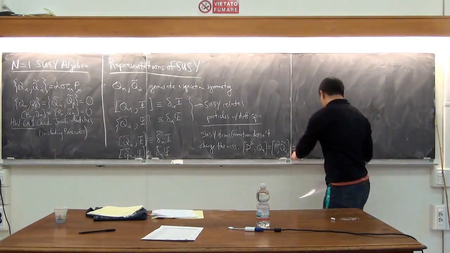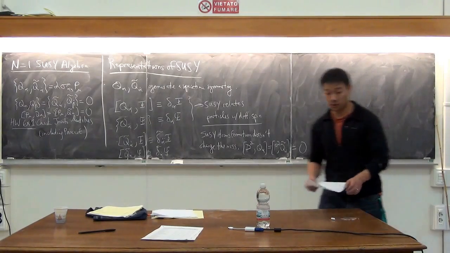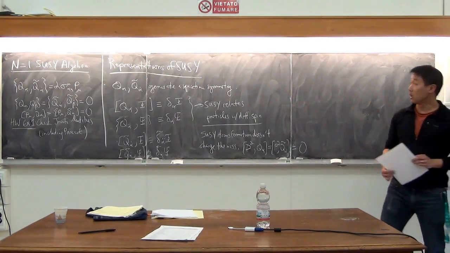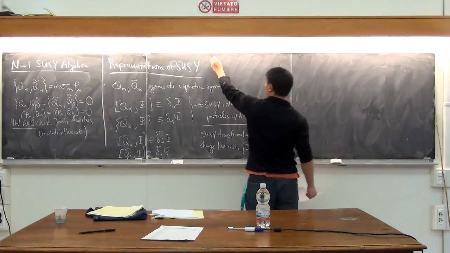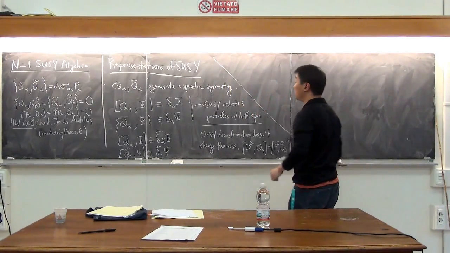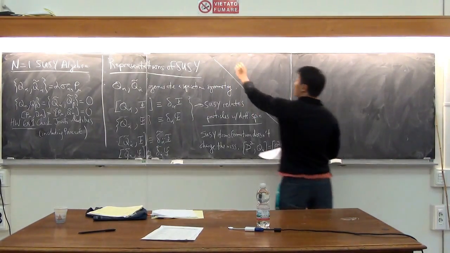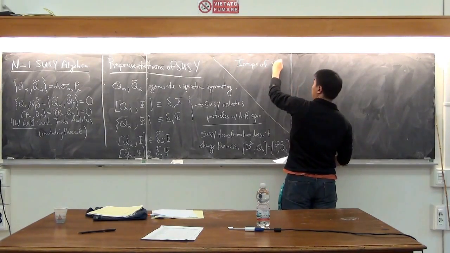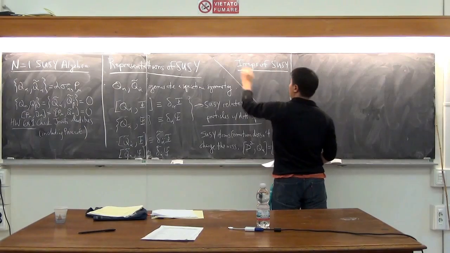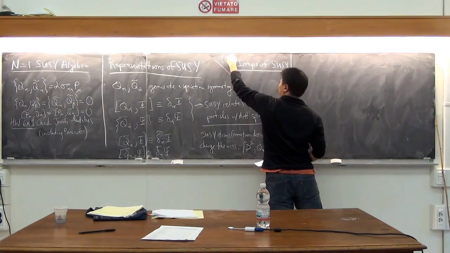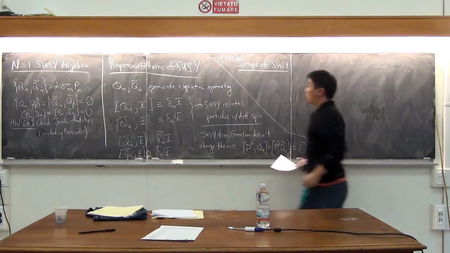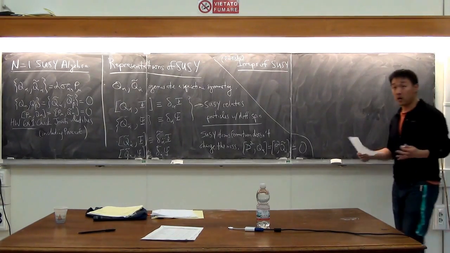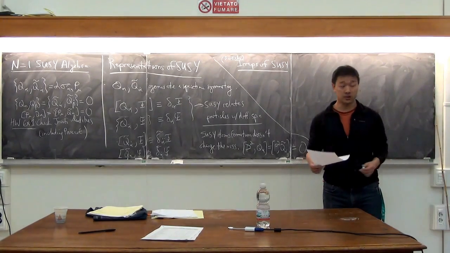Okay, so there are a number of ways to understand the irreducible representations of SUSY. I'm going to give you, very briefly, two different ways. So, the theorem of SUSY. We're talking about, say, a single particle, or a collection of particles.